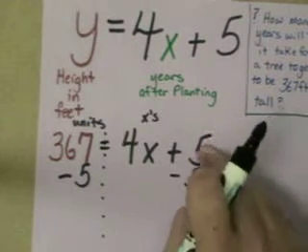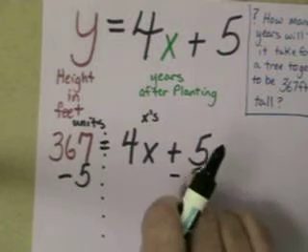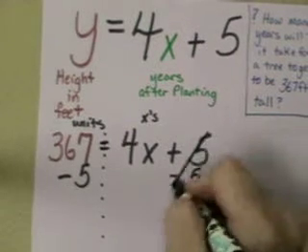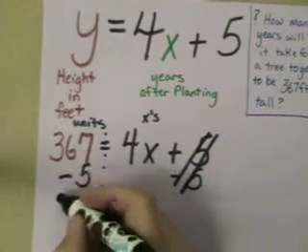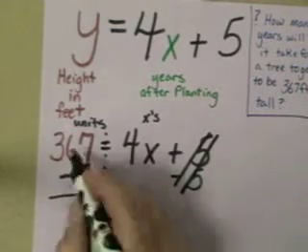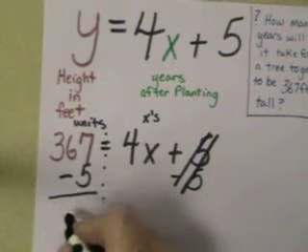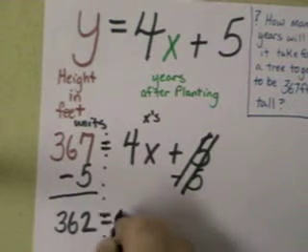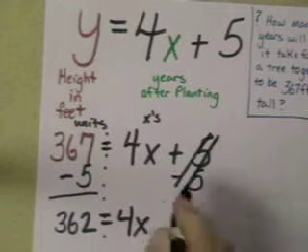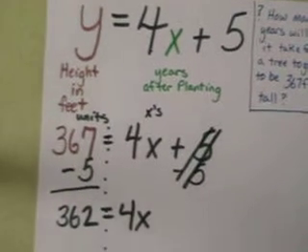If I was adding 5 and I suddenly subtract 5 from the same side, that's going to make that piece 0. Okay, so I've moved my tiles over. What is 367 minus 5? 362 equals 4 x's.